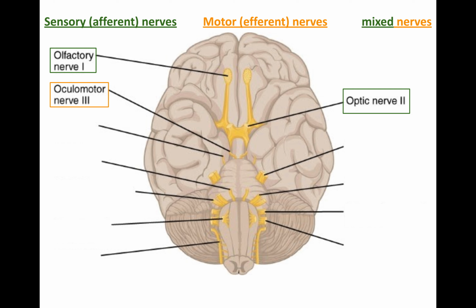The fourth nerve over here is called the trochlear nerve. The trochlear nerve is also associated with eye motion. So these two are related to your eye. While the next one, the trigeminal nerve, is associated with both sensory and motor information.